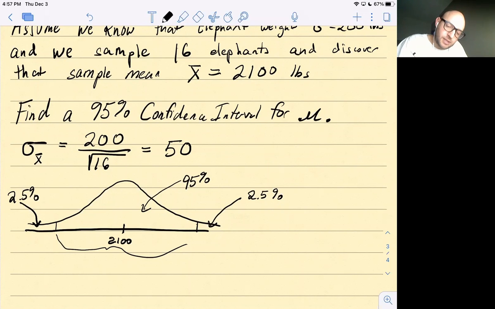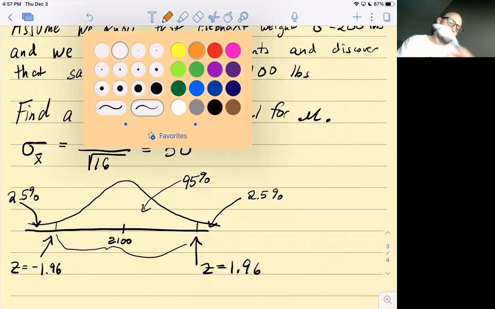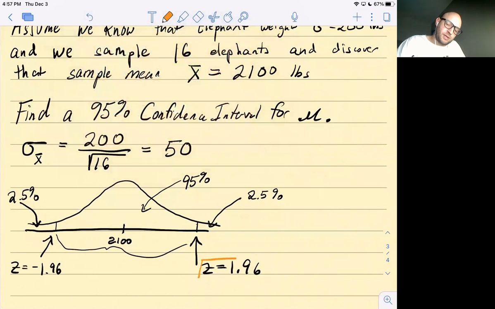So this corresponds to a z-value of 1.96, and this one corresponds to a z-value of negative 1.96. This number is really important for 95%. We just know this number. 1.96 standard deviations away, to the left and right, will capture 95% of the data.